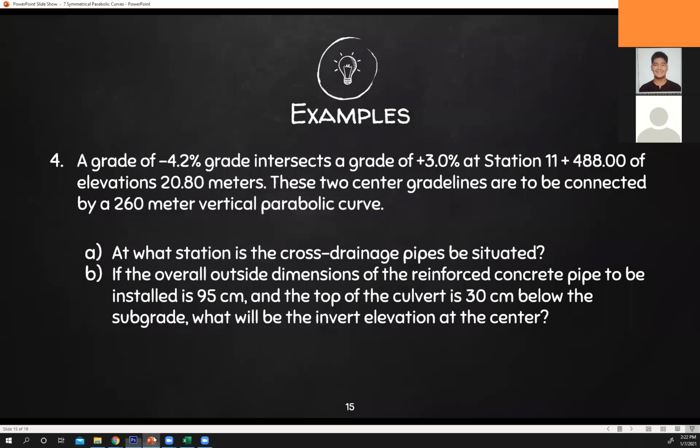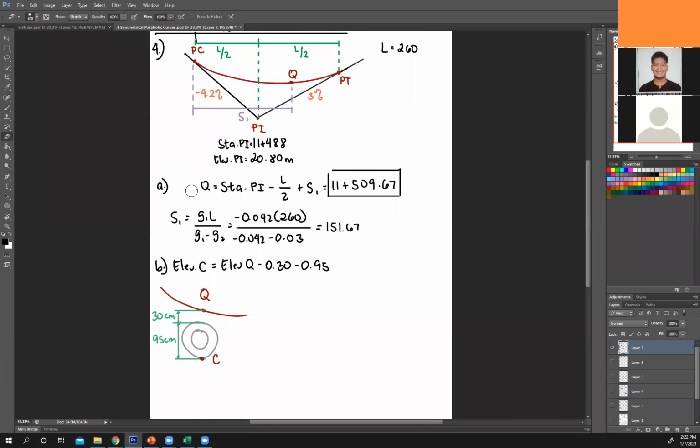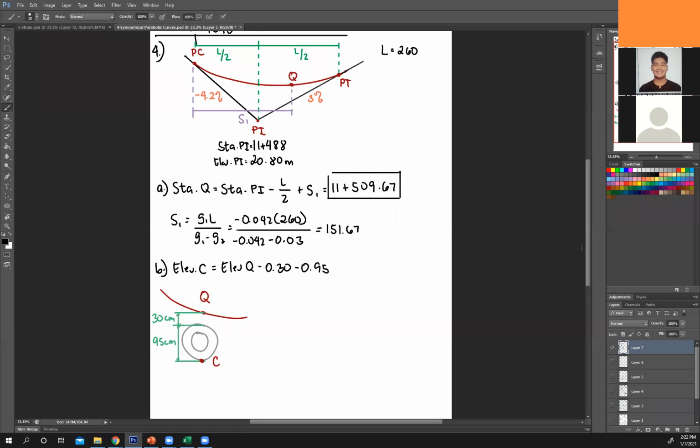Oh, wait. I don't know the elevation. Okay, yeah. This is station, or error, sorry. Station Q, not L. Okay, so I don't know station Q yet. So the first thing I need to do now is solve for the elevation of Q. Okay. So elevation of Q. Here. Now depending on what you have, I'm given the elevation of PI.